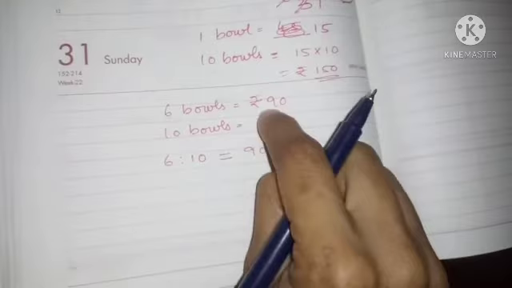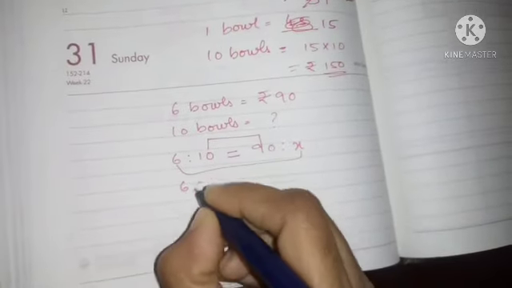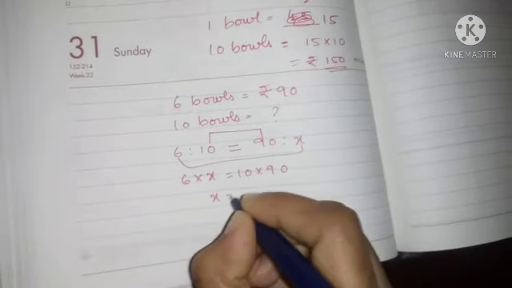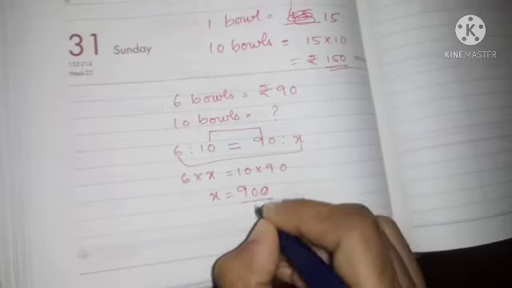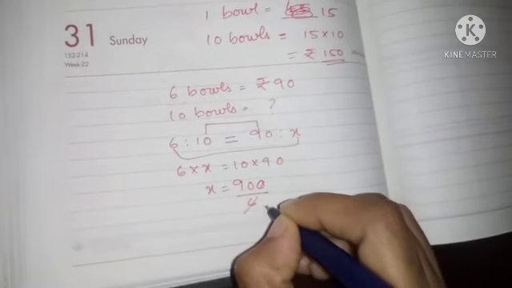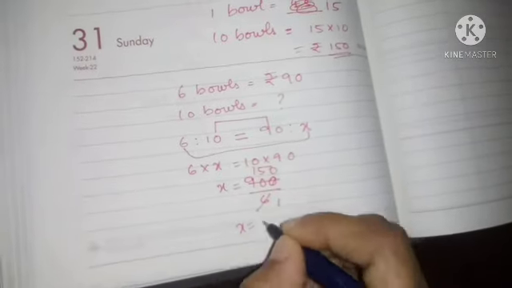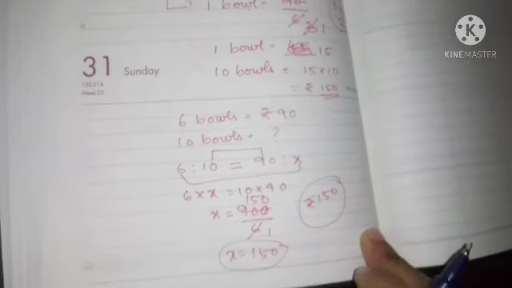Because I don't know the rupees, I am taking it as x. Middle terms, extremes. 6 into x is equal to 10 into 90. So x is equal to 900 divided by 6. x is equal to 150. So nothing but 150 rupees is needed for 10 bowls.